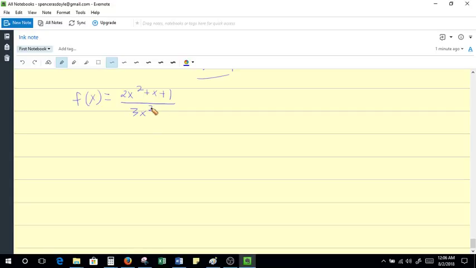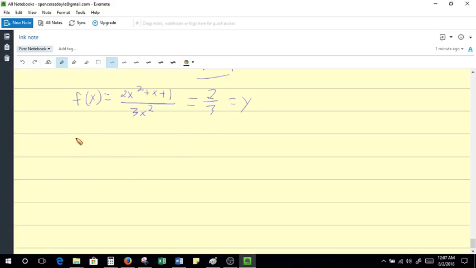So in this case, the highest power of x is x squared, and we have one in both the numerator and the denominator. When this occurs, we divide the leading coefficient of the numerator by that of the denominator. So we're going to end up with 2 over 3. That is our horizontal asymptote, y equals 2 over 3.